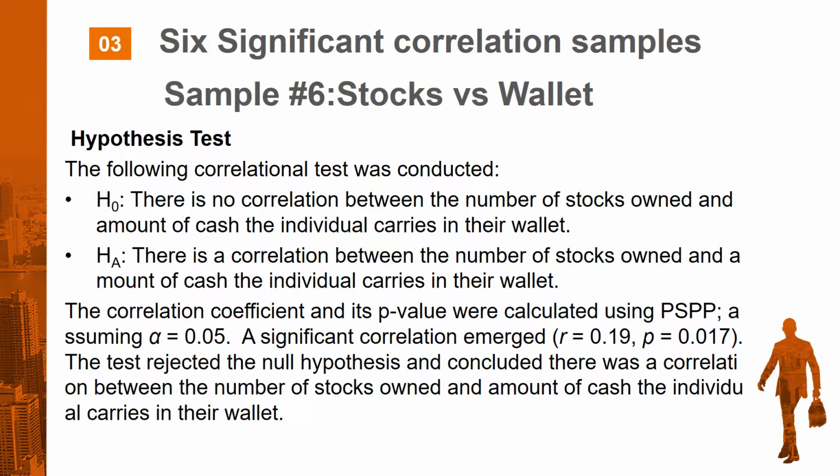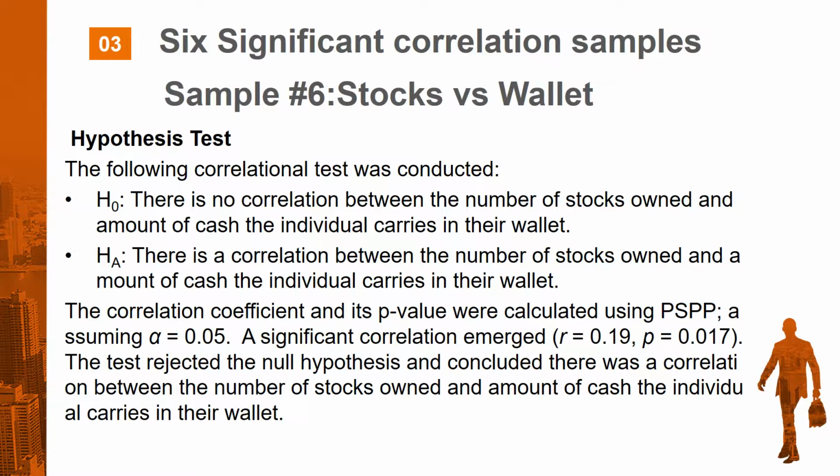So as the number of stocks you own increases, the amount of cash you carry in your wallet also increases. Or as the amount of cash you carry in your wallet increases, the number of stocks you own in the stock market also increases. So that's the final and the sixth significant result that we found from our PSPP analysis.